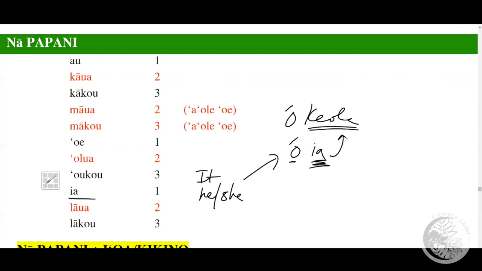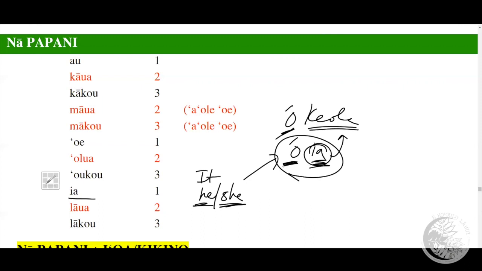Ia represents the idea of that person or this person which we are talking about, he or she. Now we notice also our language is not gendered. So the word 'oia means both he and she. Now to look at it again, the main point is, when you see the word 'oia, what it tells you, I'm talking about a he or she that has a name, 'oia.